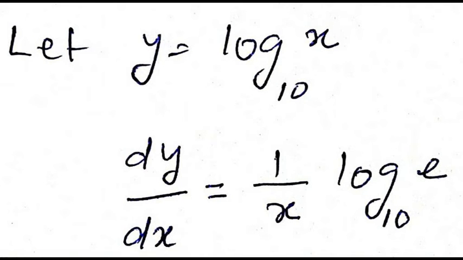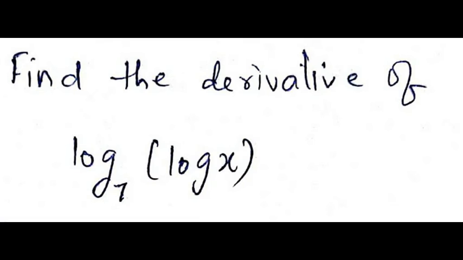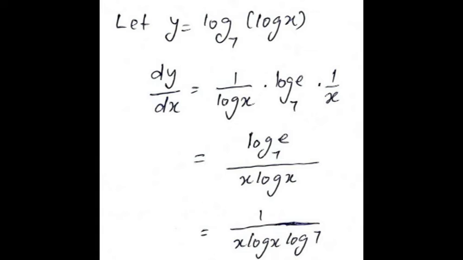Derivative of log x to the base 10 is equal to 1 upon x into log e to the base 10. Find the derivative of log x to the base 7. Derivative of log x to the base 7 is equal to 1 upon log x into log e to the base 7 into 1 upon x. That is equal to 1 upon x log x into log 7.